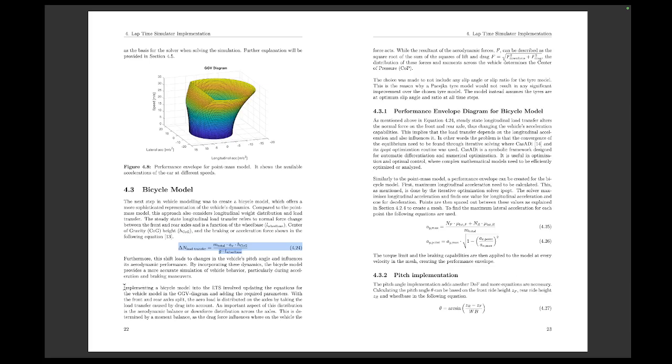Right here: implementing a bicycle model into the lap time simulator involved updating the equations for the vehicle model in the GGV diagram and adding the required parameters. We have a point mass quasi steady state simulator that he made.